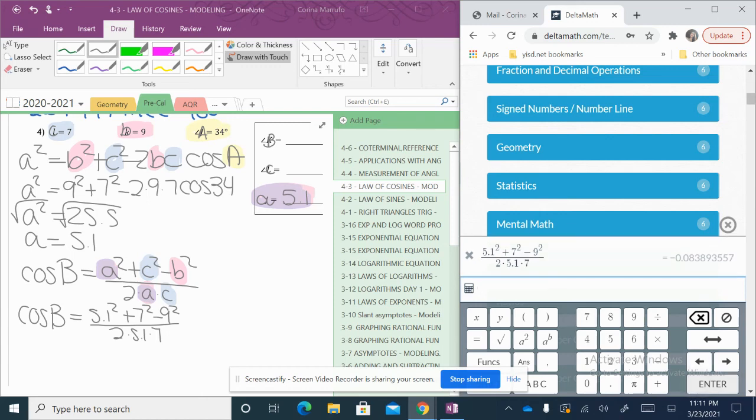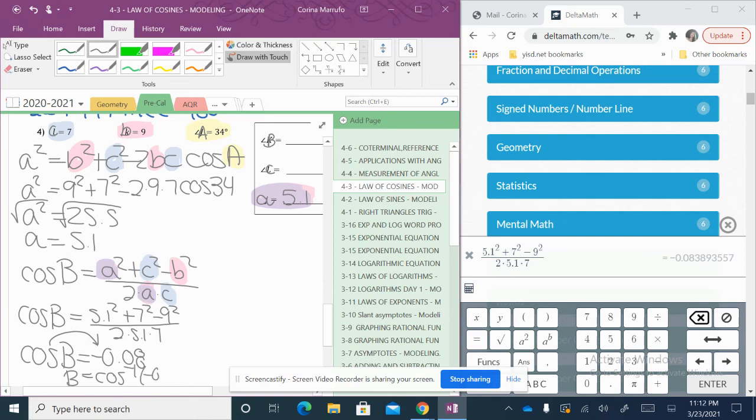It gives us a negative number. I hope we don't regret this. So here it might be cosine of big B equals negative 0.08. We move the cosine to the other side by using inverse cosine to solve for B.